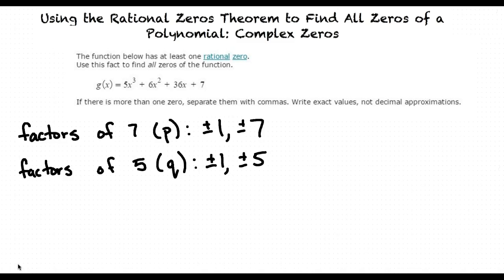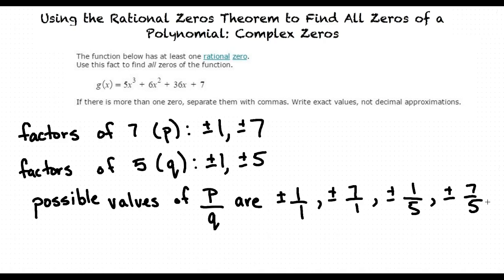So first what we will do is list the factors of 5 and the factors of 7. The possible values of p are the factors of 7, and the factors of 7 are plus or minus 1 and plus or minus 7. The possible values of q are the factors of 5, and the factors of 5 are plus or minus 1 and plus or minus 5.